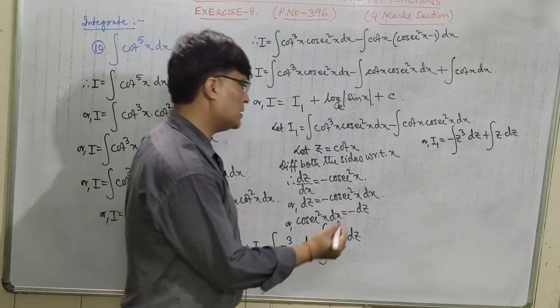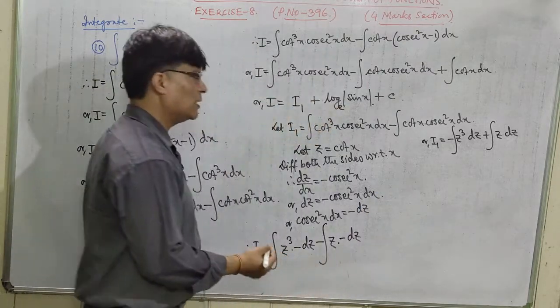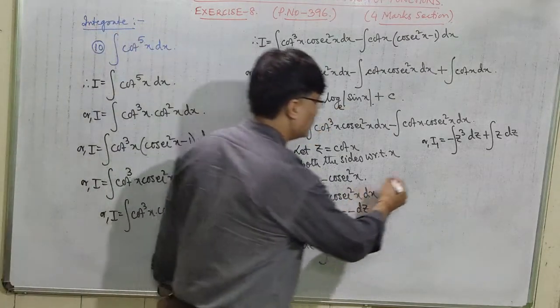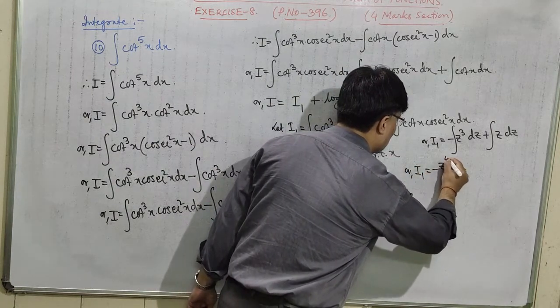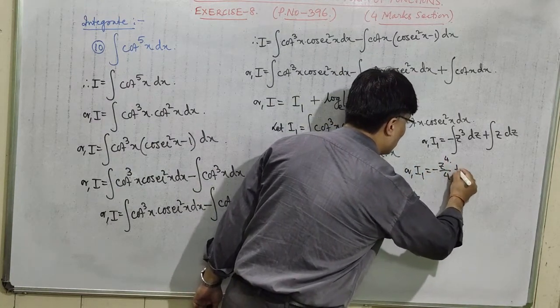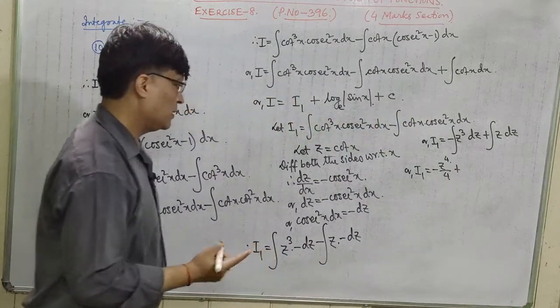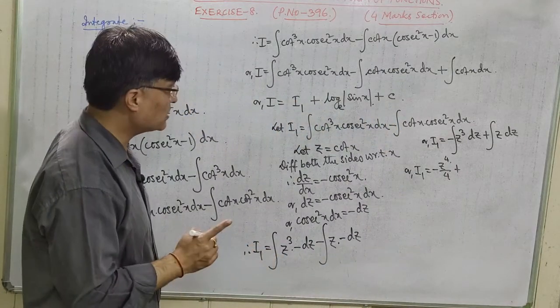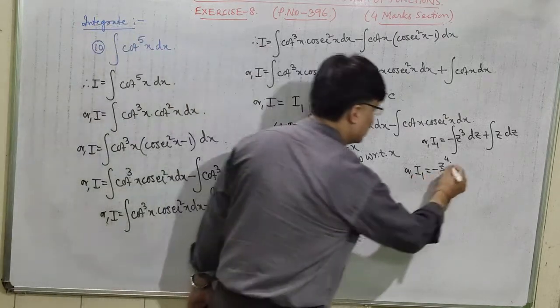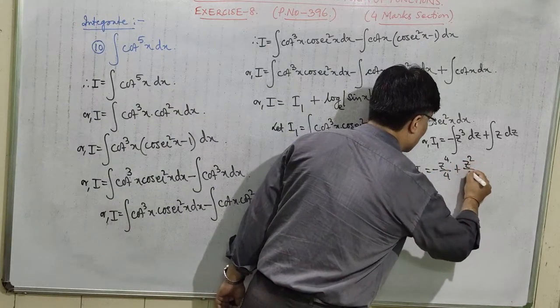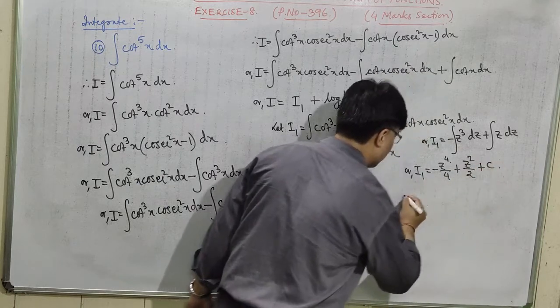Understood? So let us integrate it. You can easily integrate them. I1 is equal to minus z to the power 4 by 4 plus, what is integration of z? It is z square by 2 plus c.